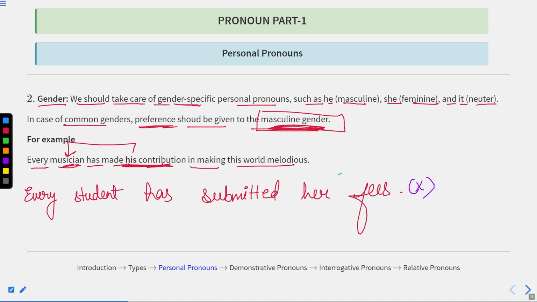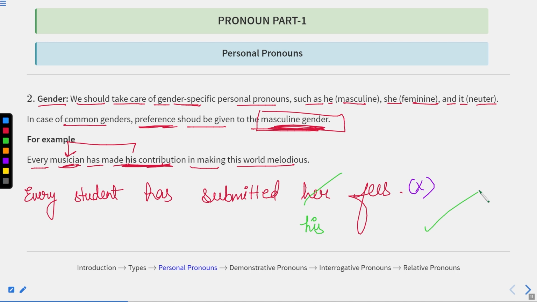Of course, this her should be replaced with his. Now the sentence will be correct. That is, every student has submitted his fees. Because whenever we talk about any common gender, where we cannot support only one gender, there the preference should be given to the masculine.